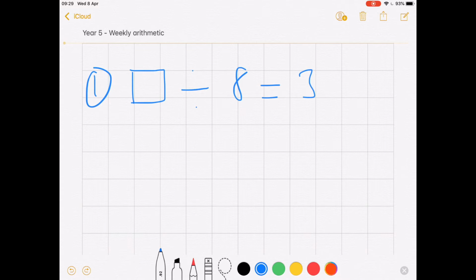And what we can use there is we can use the inverse and work backwards to find out what number should go in this box here. Okay, and for the inverse, because this is a division, we should be using multiply to help us find the answer to go in that empty box. So use this information to help you answer question number 1.